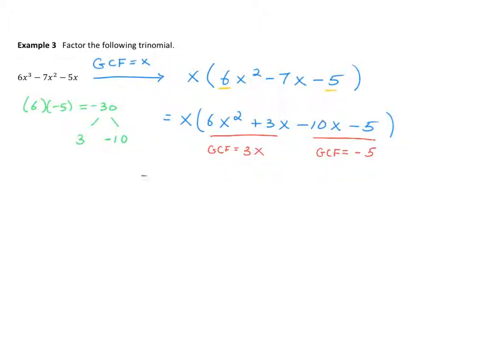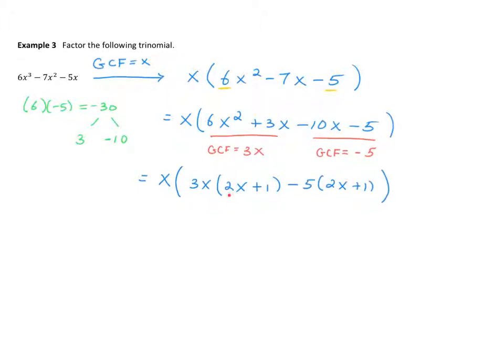If I do this, again, I'm copying down that x, nothing special there. But for the first two terms, I take out the 3x, and I have 2x plus 1 left over. If I take out that negative 5 from the last two terms, I get 2x plus 1 left over as well.